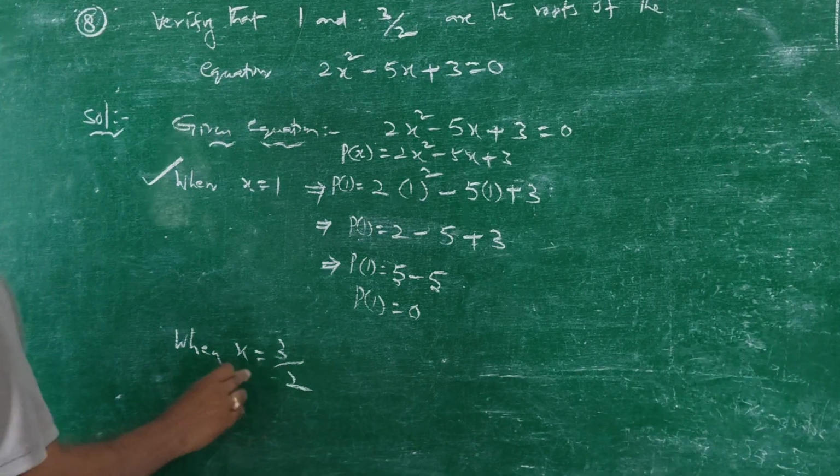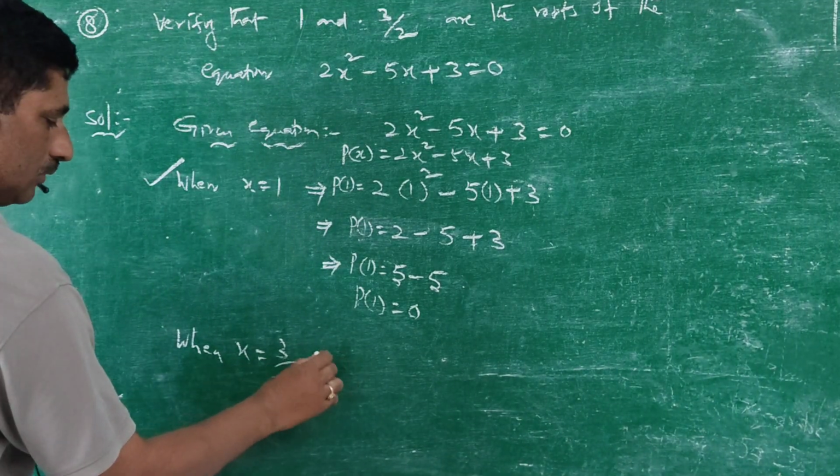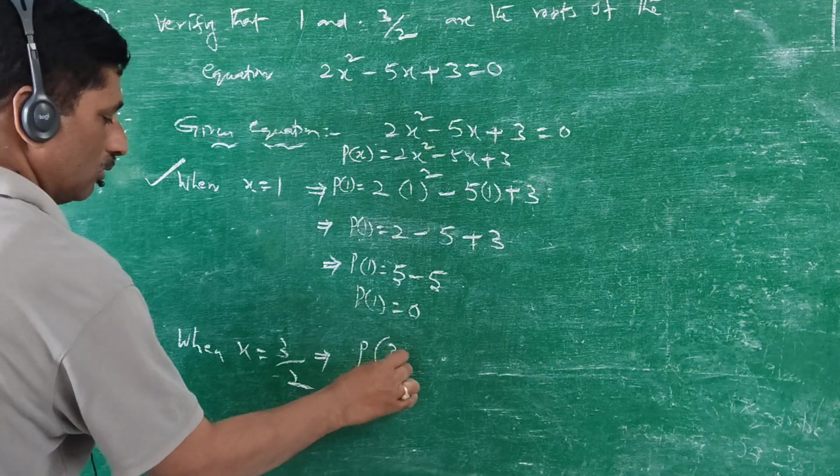Next, x is equal to 3 by 2. Then p of 3 by 2.